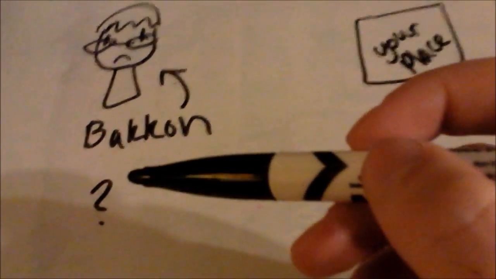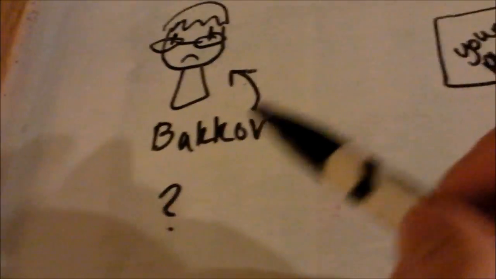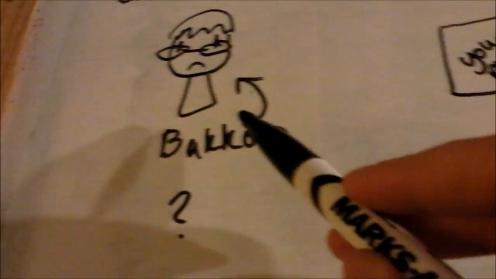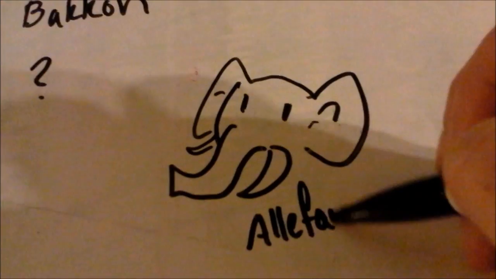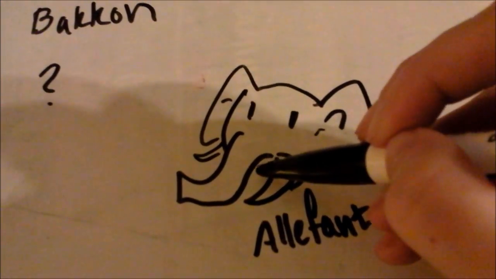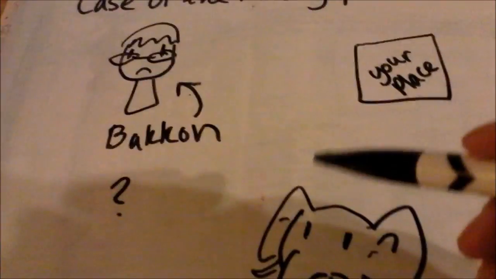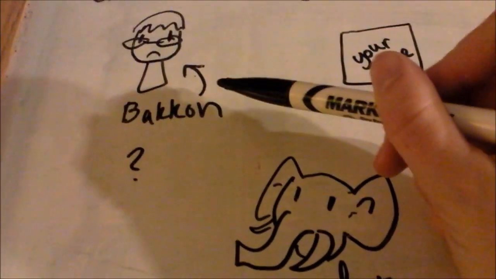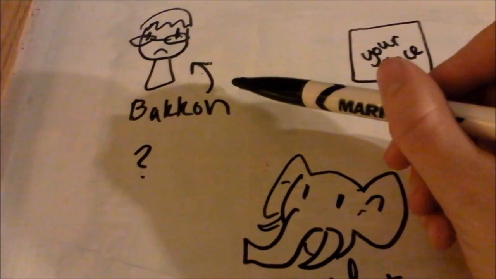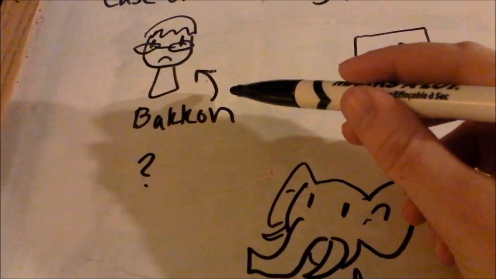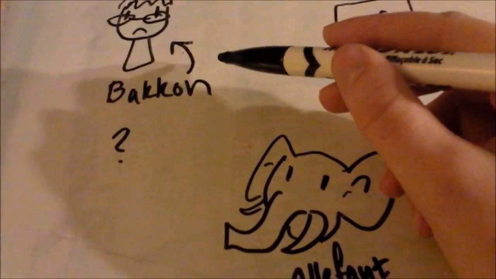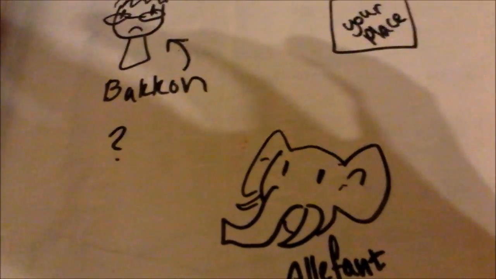It's hard to think these things up really quickly, but from querying him, he tells you that his friend Olefant was over while you were out at the grocery store. So then you have a second lead. Bacon doesn't know what happened to your pizza. He answered the door and put the pizza on the table, but he doesn't know what happened, because maybe he was distracted or something else.